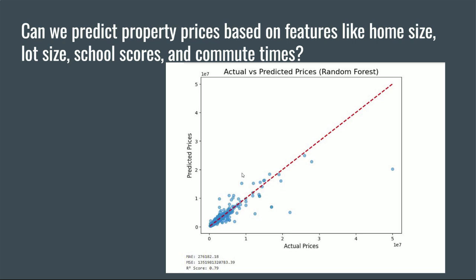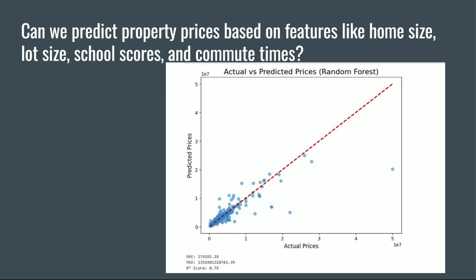So can we predict property prices based on features like home size, lot size, school scores, and commute times? This scatter plot compares the actual and predicted prices using the random forest model. The diagonal line represents the perfect predictions where actual prices equal predicted prices.